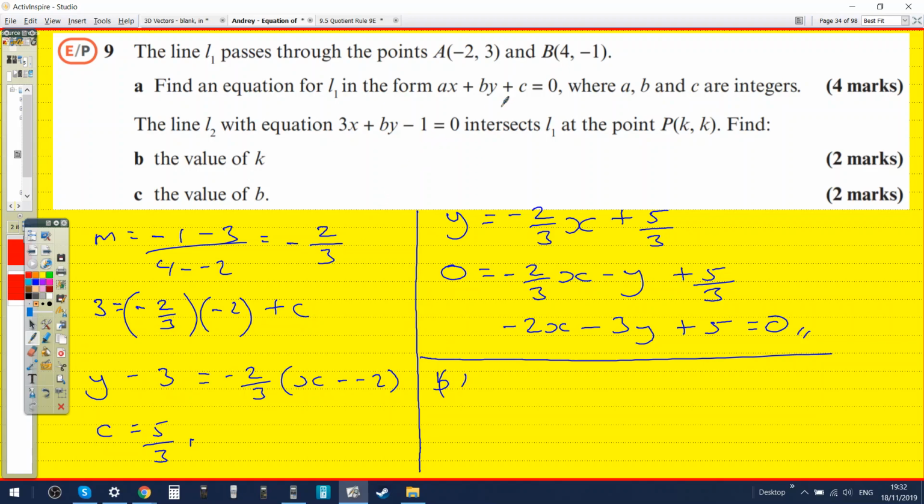If we were subbing this in, and I use the y, it'll be 3x plus b times y, and we previously said that y was 2/3 x plus 5/3 minus 1 equals 0. And we know that in that case, x will give us k.